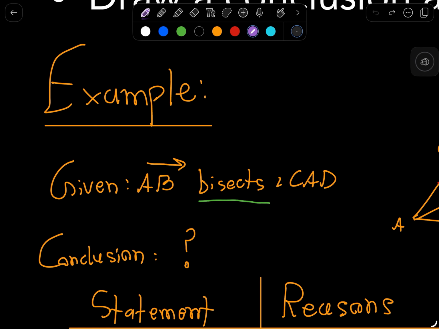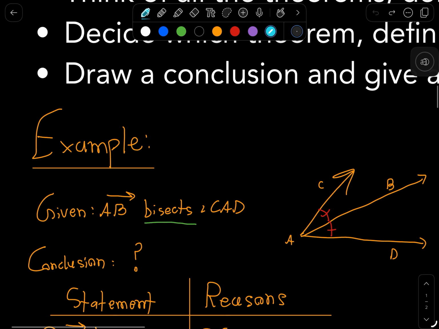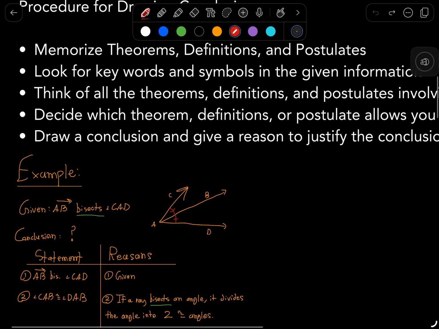If you're thinking about bisects, and you're given an angle in this problem, you should narrow down your options to bisector theorems or angle bisector theorems, only because there's a bisects in the problem and there's also an angle involved. So think of angle bisector.